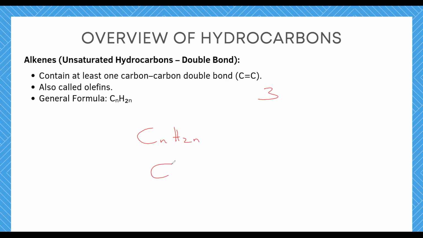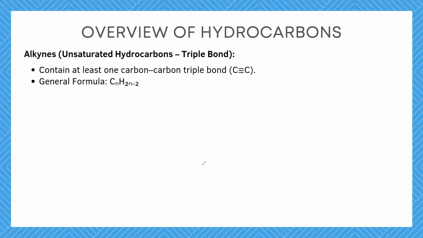Good. So I have C3H2 times what? 3. Good. So therefore I have C3H6. Did you see that? Good. And then the final class of hydrocarbons that we have is called alkynes.